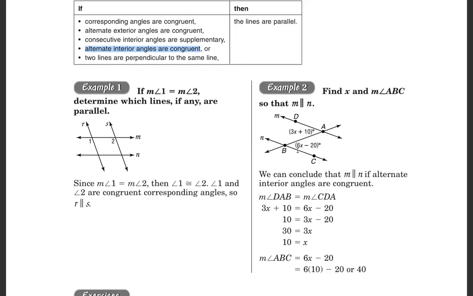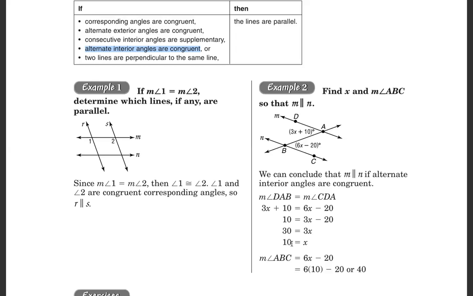And so it's 3x plus 10 equals 6x minus 20. Solve the algebra. We have minus 3x on both sides. That gives us 10 equals 6x minus 3x, which is 3x, then minus 20. Plus 20 on both sides, so the 20 will be eliminated here. That's why the other side becomes 30. So 30 equals 3x, divide by 3 on both sides, so x is equal to 10.